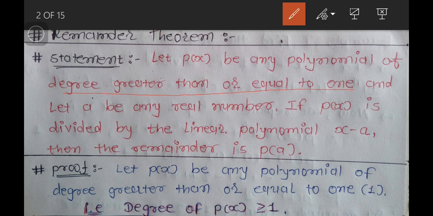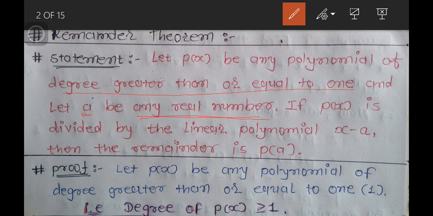And let a be any real number. What is a real number? We know that the set of rational numbers, irrational numbers, whole numbers and natural numbers together make the set of real numbers.